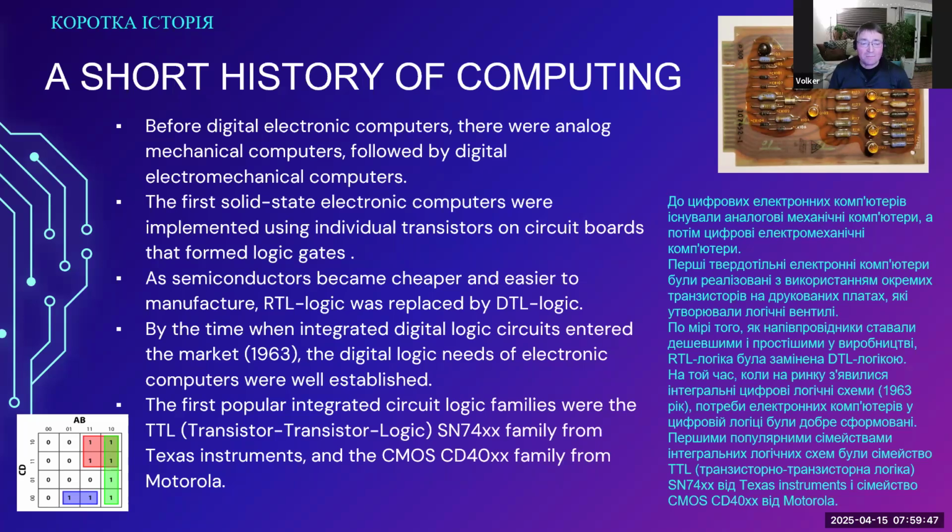In those days, people designed a truth table of the inputs and outputs that they wanted, and entered that into one of these tables that you can see in the lower left-hand corner. And then they designed a Boolean equation from that table.